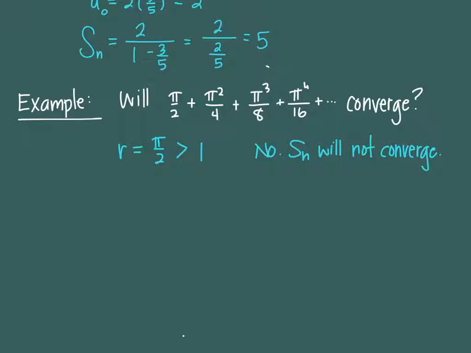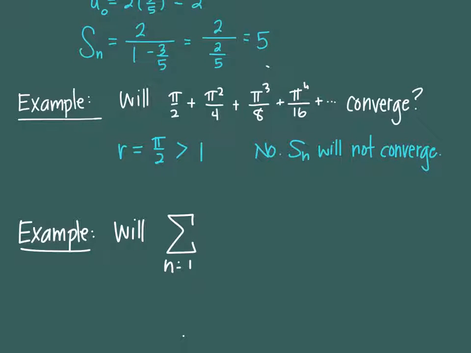Okay, last one. All right, will the summation starting at 1 and going to infinity of cosine to the n of n pi minus pi fourths converge?